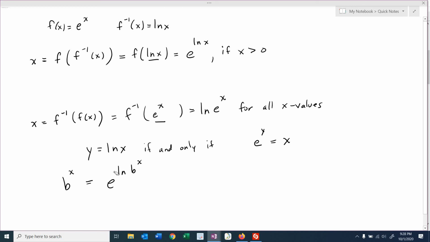And then you can pull this exponent down in front. That's just a property of logarithms. ln of b raised to the x power is the same as saying x times the ln of b. You're allowed to take this power and multiply it in front of the logarithm. And so that's why this is the same as e raised to the x times ln of b.